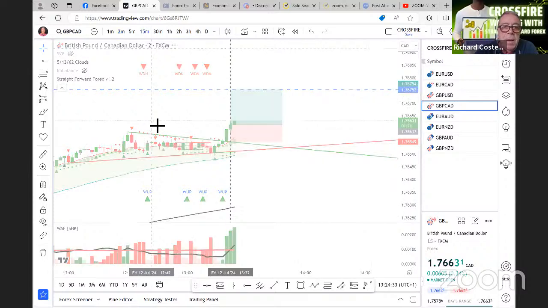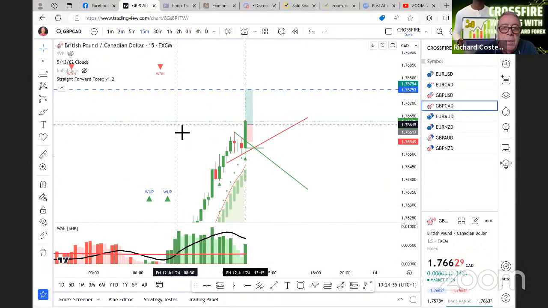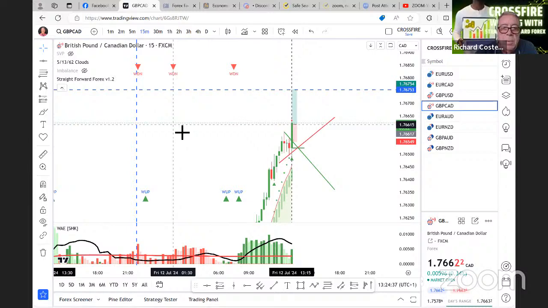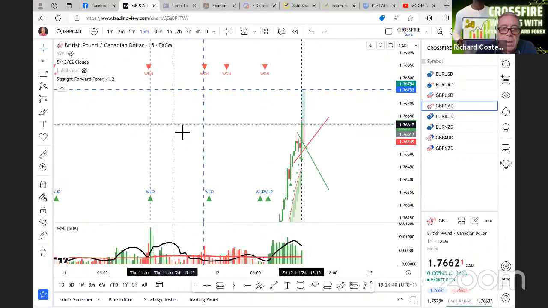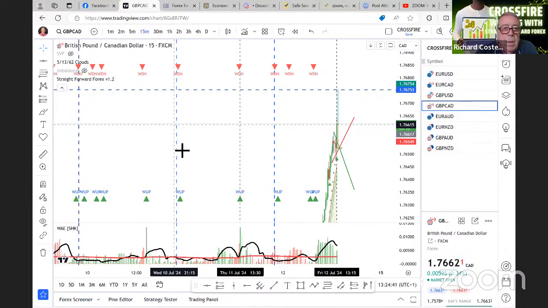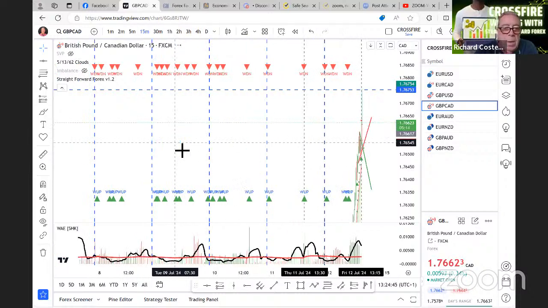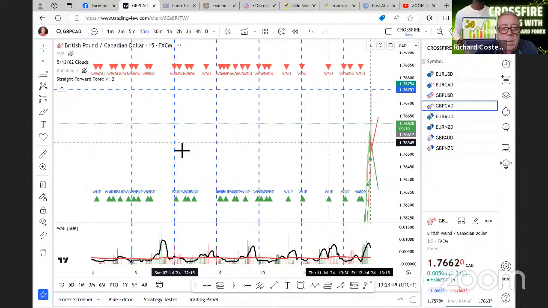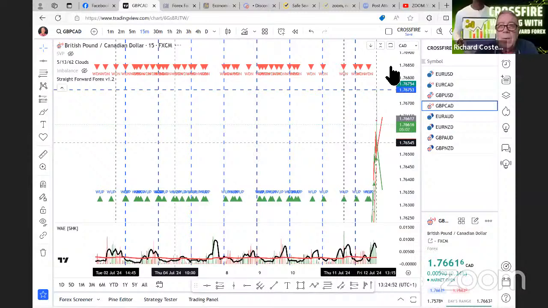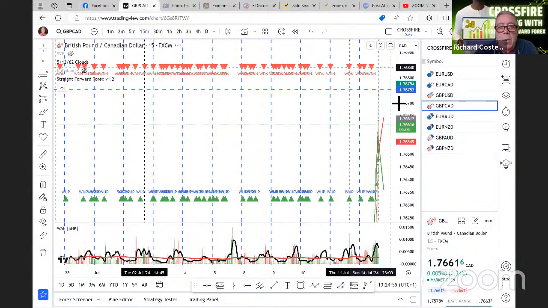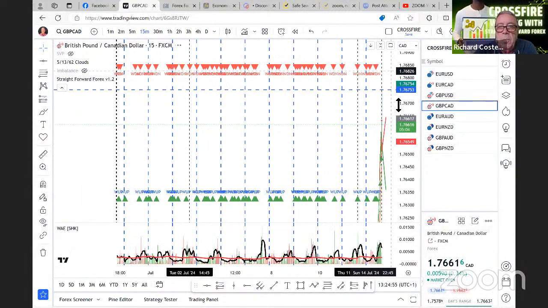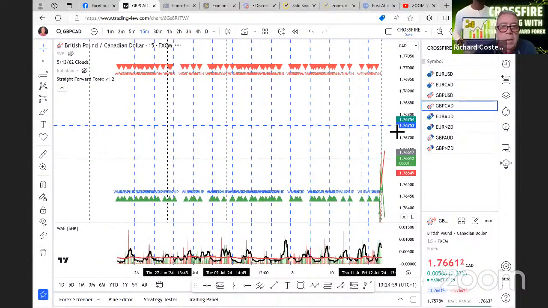Now I suspect there'll be nothing at that level in the recent past. So I've got nothing to base that decision on. So I'm not really going to be tempted to get into a buy on that unless I can find another reason why price might go up there.